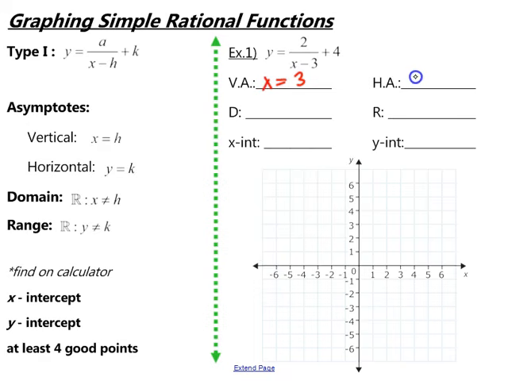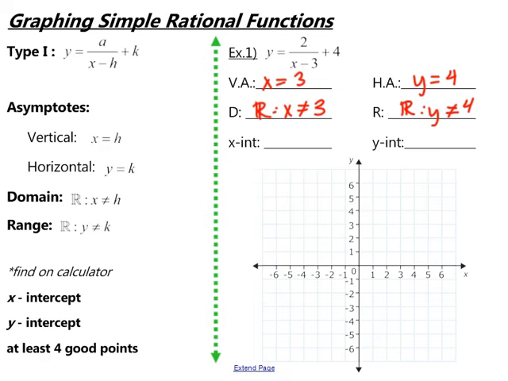Our k is a positive 4, so our horizontal asymptote is y equals positive 4. The domain is all real numbers where x does not equal h, so we have all real numbers where x does not equal 3. And for the range, all real numbers where y does not equal k, so we have all real numbers where y is not equal to 4.